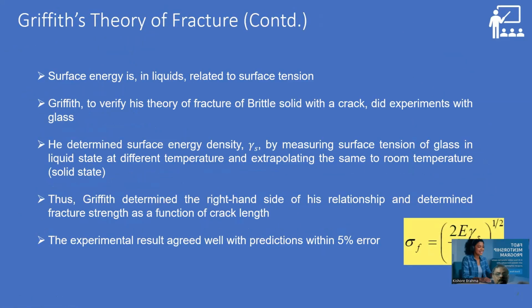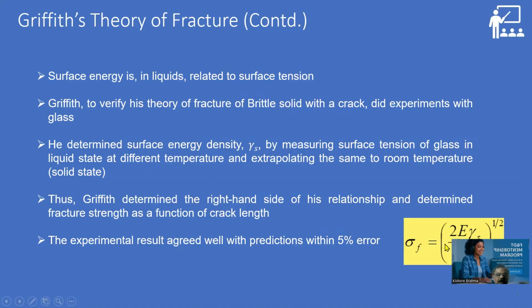To prove his theory, he determined the surface energy of glass in the liquid form. Surface energy is related to the surface tension. So he verified the theory with a crack experiment on glass. He determined the surface energy density gamma s by measuring the surface tension of glass in the liquid state at different temperatures and extrapolating to room temperature.